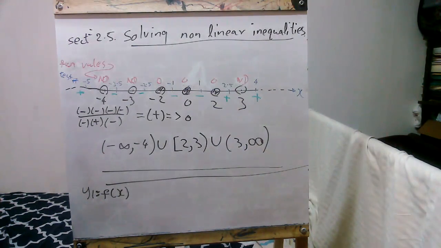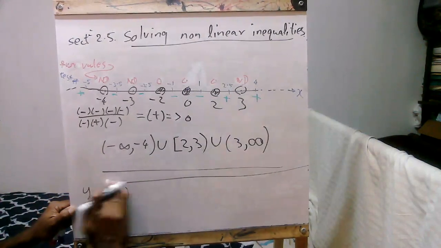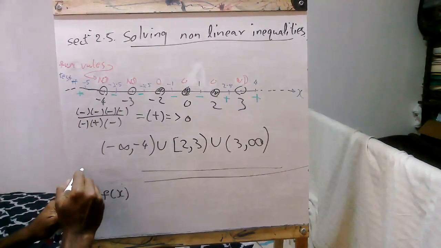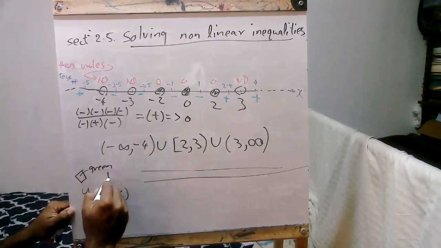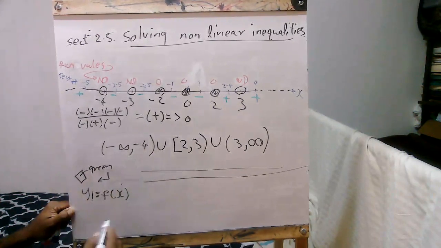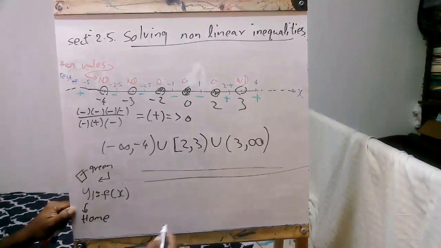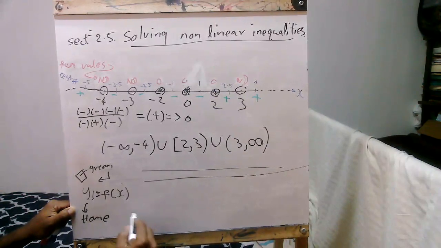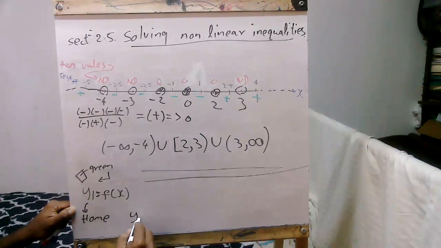Okay. Now do this. This is green diamond, and enter. You go here, then you enter f(x), then you click on the home key, then there you enter, then f(x) is your y1 now, right? You enter y1.